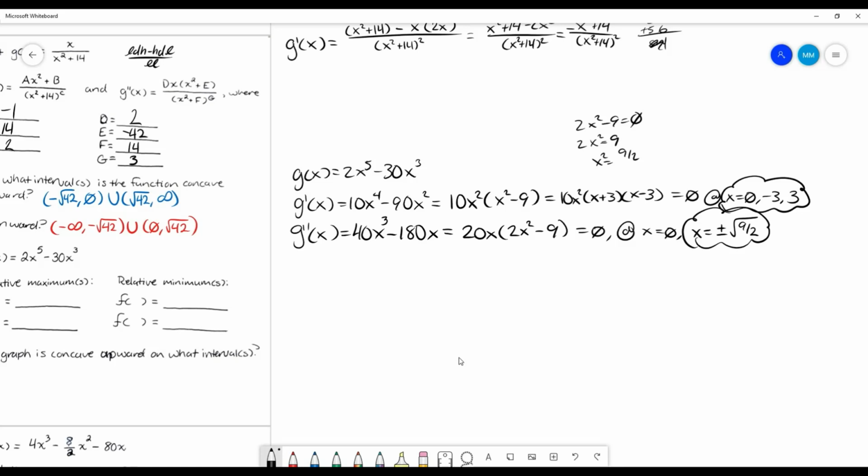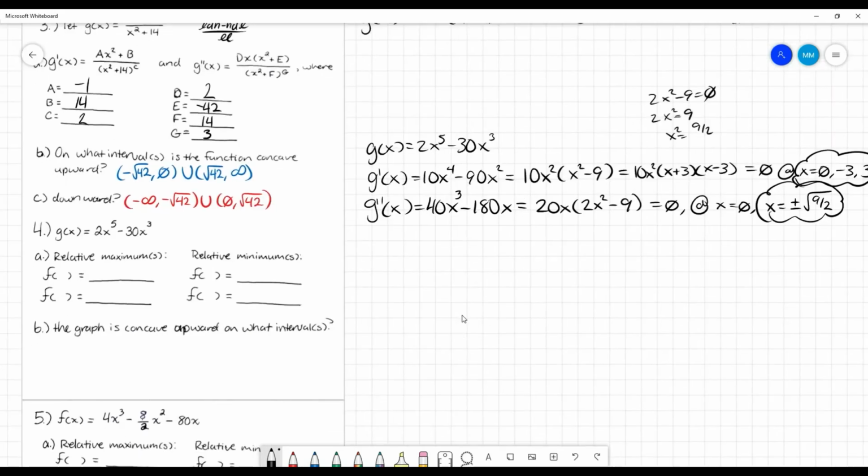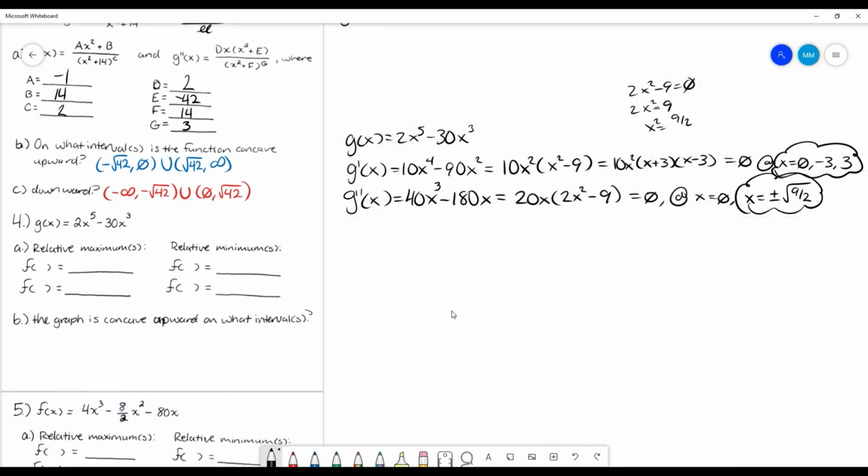So those are my inflection points and my critical points. So let's go ahead and build our interval here. I know that this is going to be less than 3, so that tells me exactly where that's going to be placed.